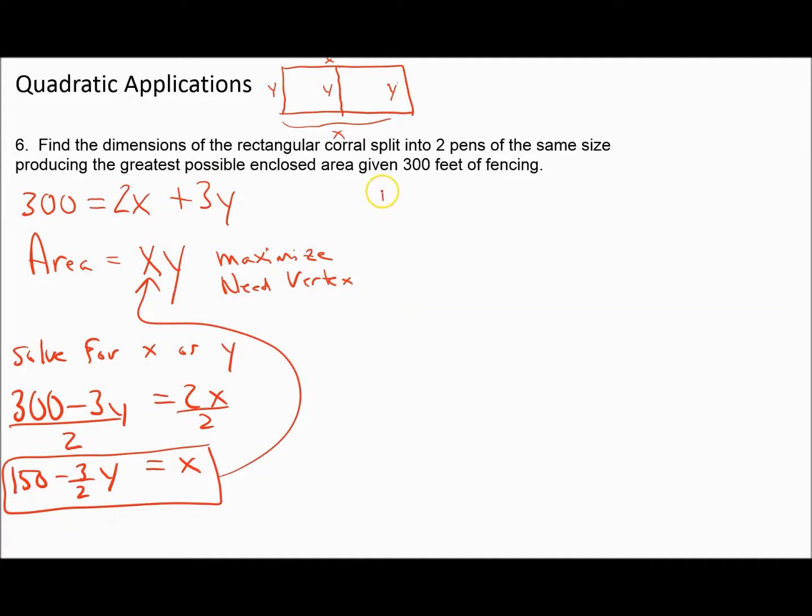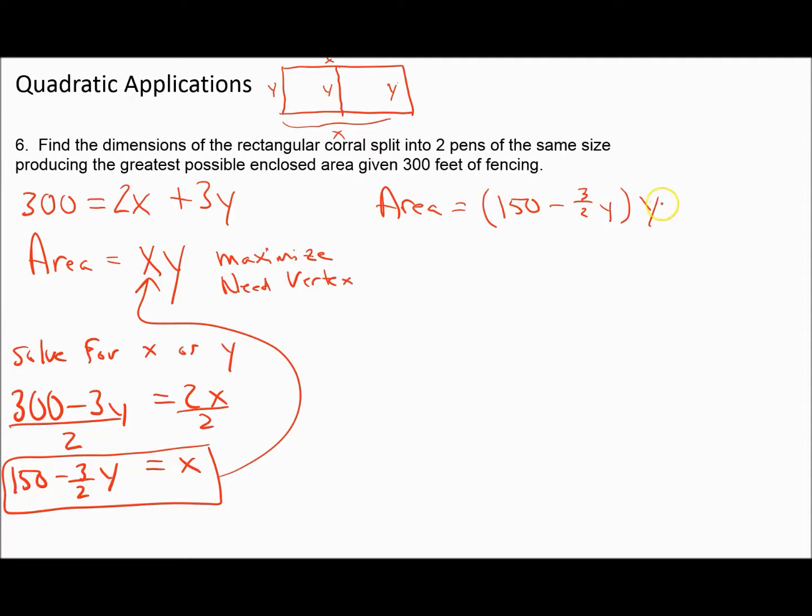So now I know my area is equal to, in parentheses, 150 minus 3 halves y times y. Now I have a function of my y value. So the area of this rectangular corral is a function of these y values. Is it quadratic?